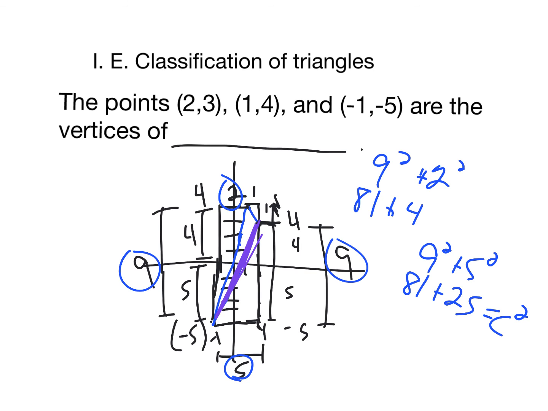Since all those are different, this would be a scalene triangle. Something like that. Like I said, just graph it out. Sometimes you might be able to eyeball it and see just by looking what it is, but if you're not sure, this would be a way of figuring out for sure what kind of triangle it is.